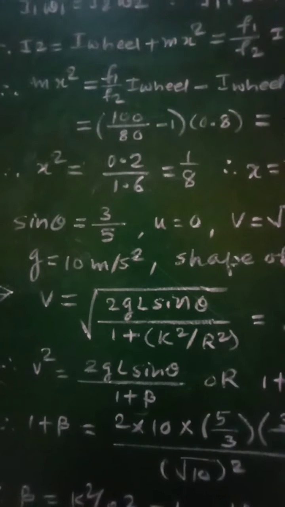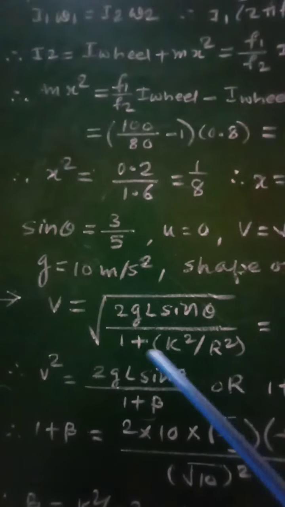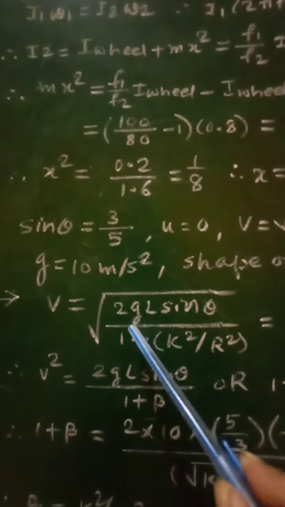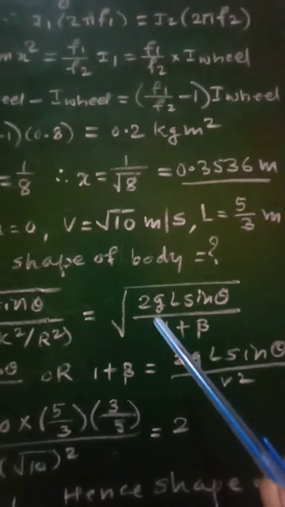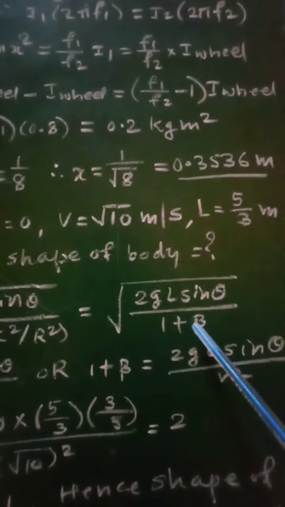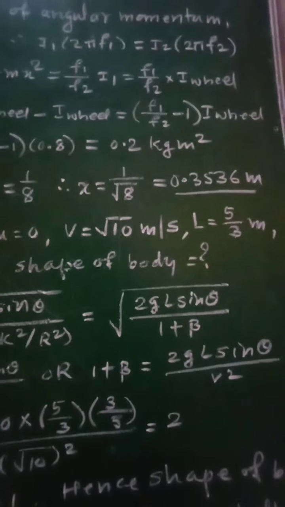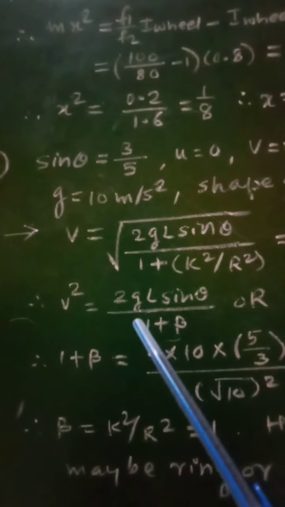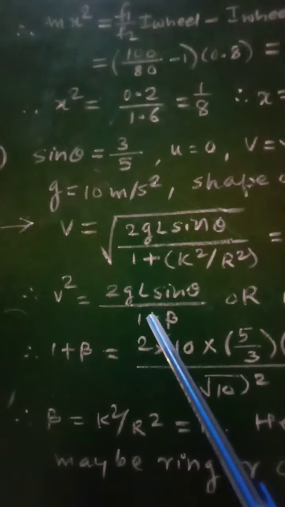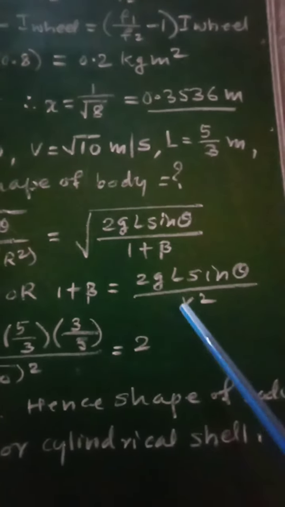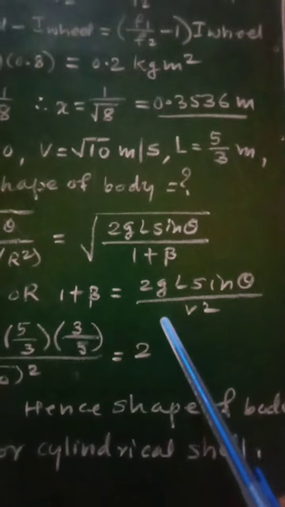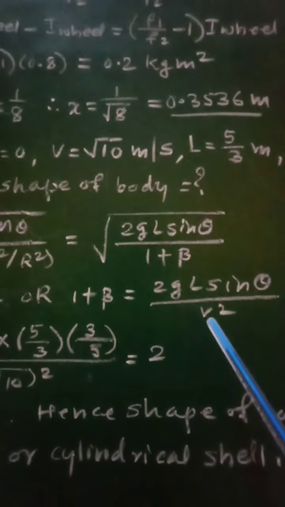So in case of a rolling object on an inclined plane, its velocity is given by the formula square root of 2gl sin theta upon 1 plus k square by r square, which will be written as square root of 2gl sin theta upon 1 plus beta, where beta will represent k square by r square, and therefore v square will be equal to, taking square, 2gl sin theta upon 1 plus beta, or 1 plus beta will be equal to 2gl sin theta upon v square.